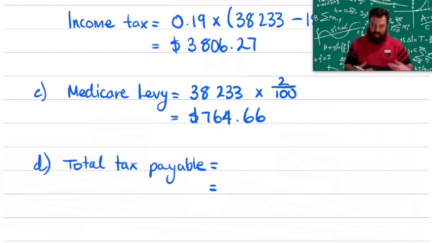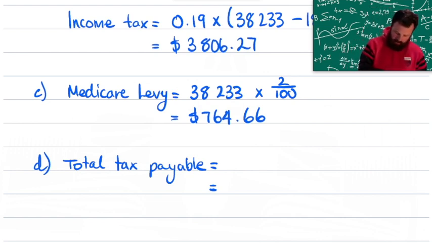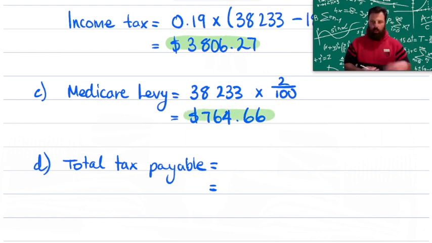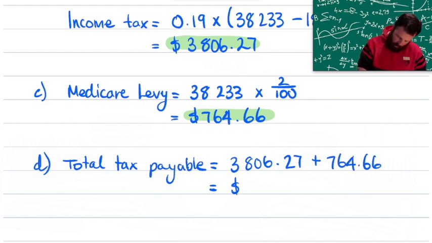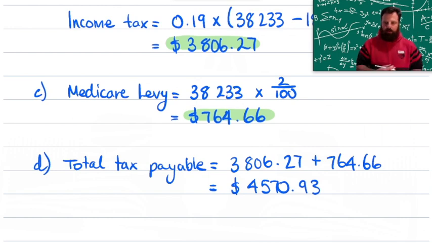And remembering that our total tax payable is our income tax combined with our Medicare levy, adding those two values together, John will have a total tax payable of $4,570.93.